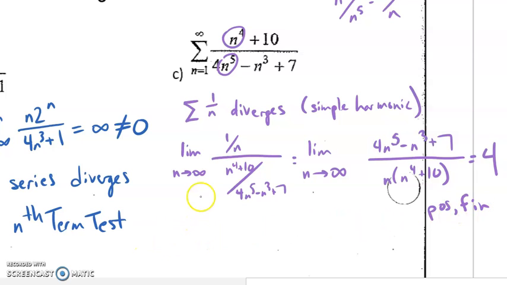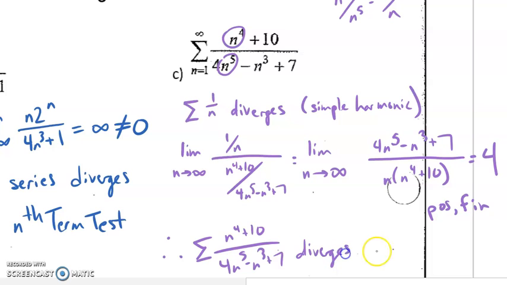So that means that whatever this does, since this one diverges, we can conclude, therefore, the original series, which is n to the 4th plus 10 over 4n to the 5th minus n cubed plus 3, also diverges. This one by the limit comparison test.